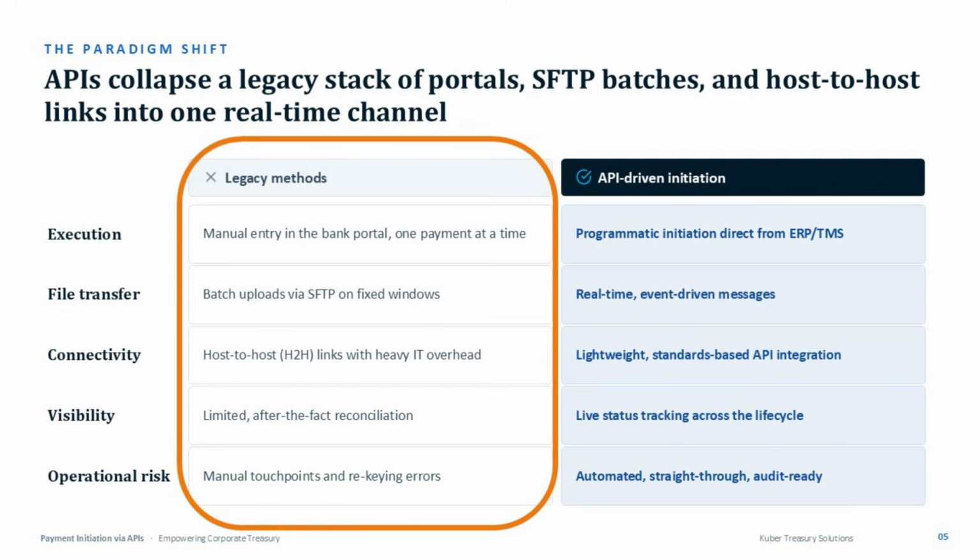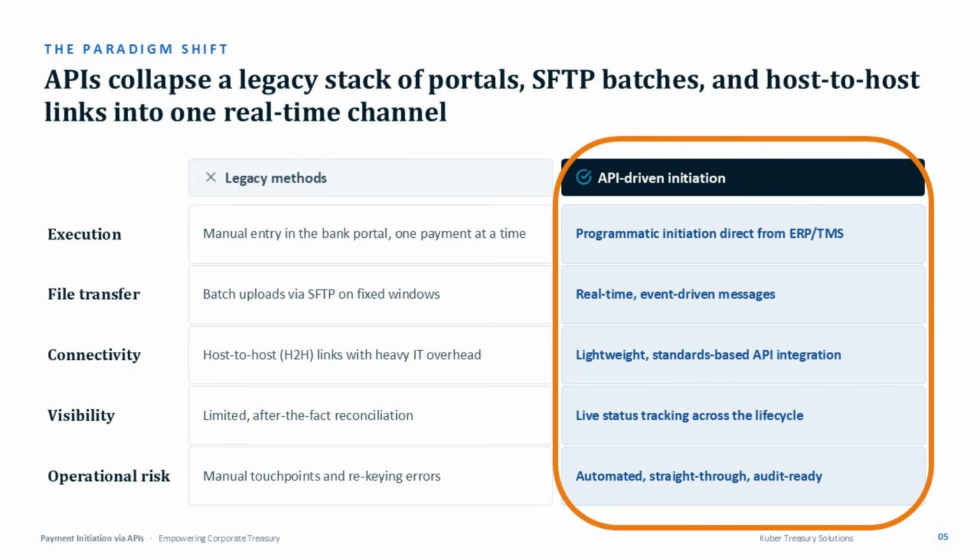APIs simply add another way for the company and a bank to connect or to talk. With an API, the company's system can send the payment directly to the bank when the payment is ready.